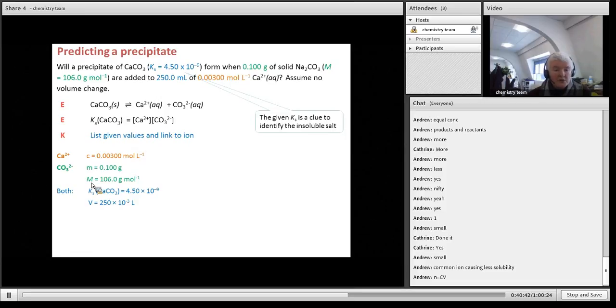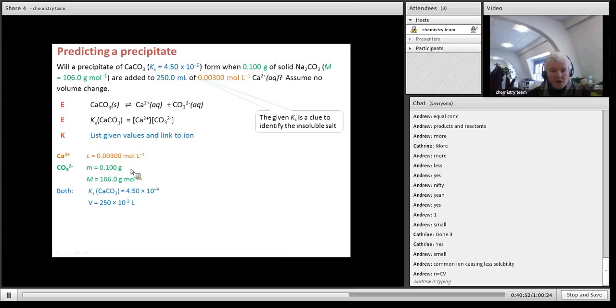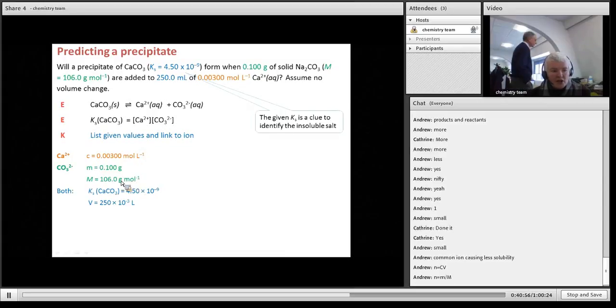I will be using that because I've got to get that concentration, and I've got a V, but I don't have an n. Now, in my units, I have a mole there somewhere, so how can I manipulate this? Correct, I can say n is equal to small m over big M.